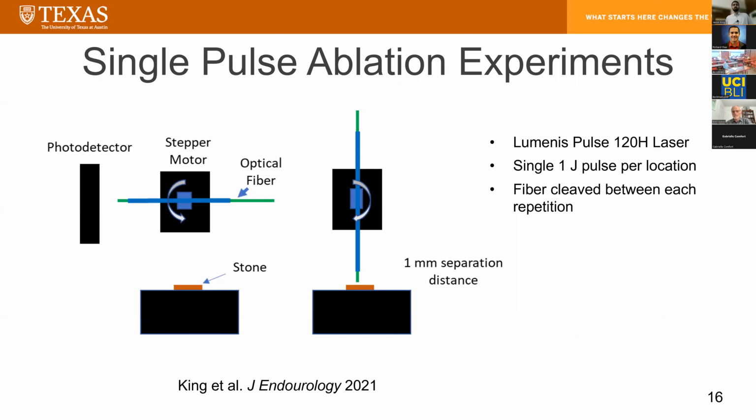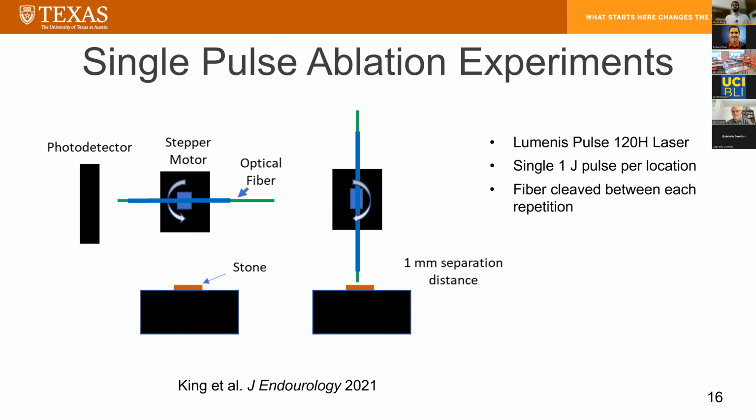So our experiments to answer these three questions involved this setup shown here. We had a stepper motor, which directed the optical fiber originally away from the stone. And then after a series of pulses, it rotates downward, delivers a single pulse at the stone, and then rotates back away.